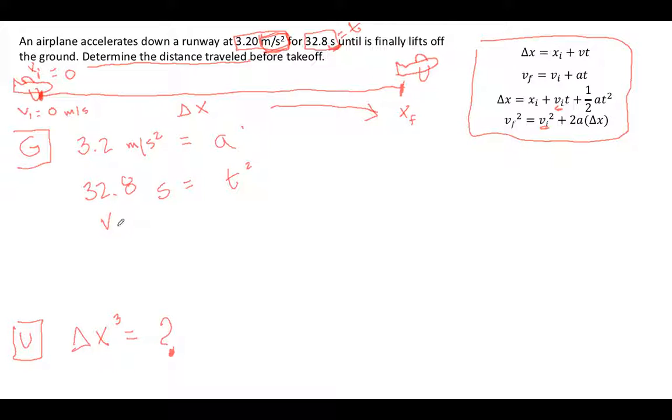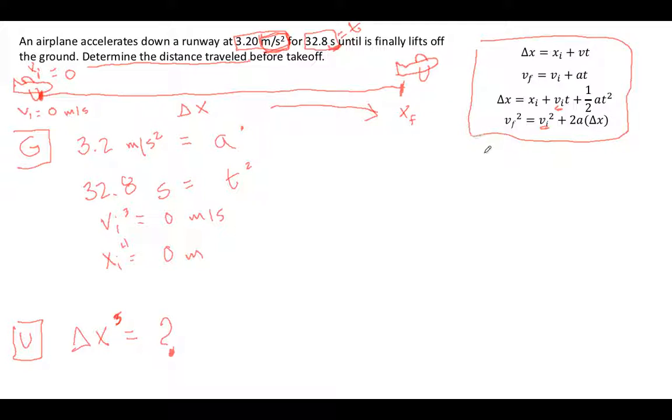So now we can put these two pieces of information into our givens. And so now we have 5 variables. We have 1, 2, 3, 4, and 5.